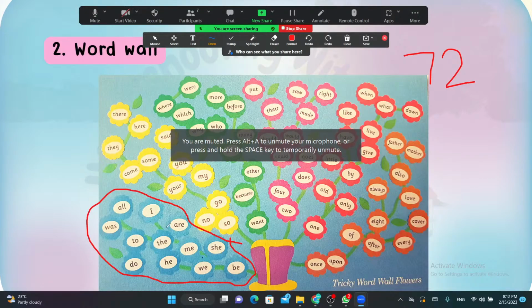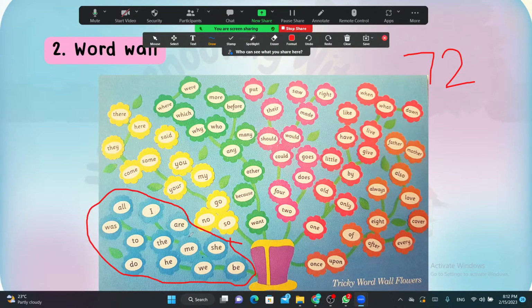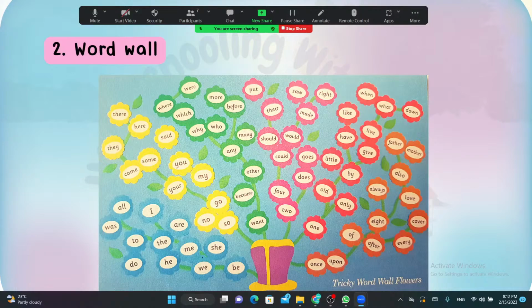In which you will be using, children will be finding these words and they can blend them, they can read them with the context. Then you have the second grade, third grade, fourth grade, and then so on. You can have these words stick on the word wall, whatever you are teaching them in the class, or you are teaching as a mother in your home.